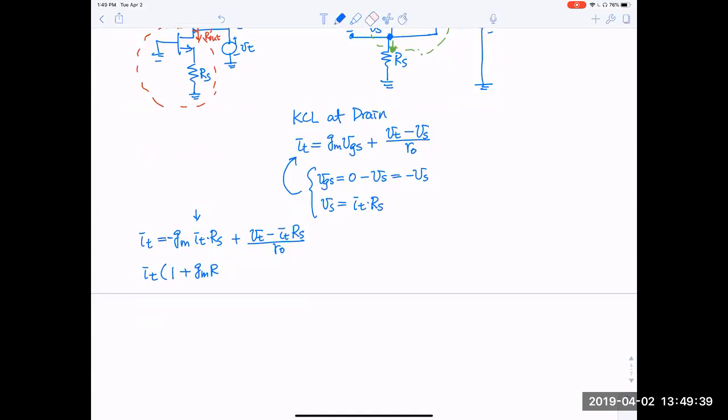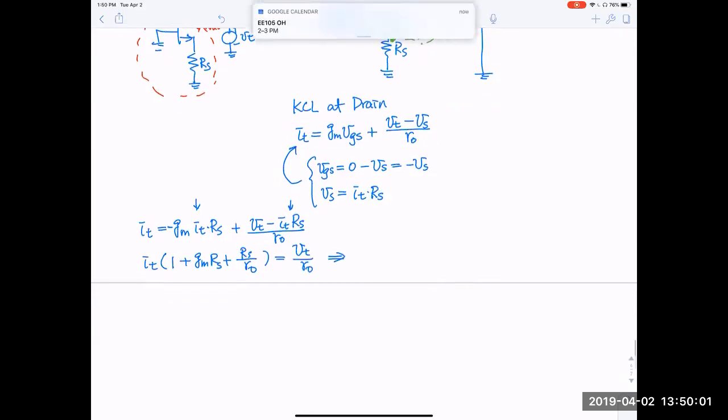So there's one more IT term. This term, we'll move it over to the left-hand side, so plus RS divided by R0. Here is RS also. And this is equal to the only term left on the left-hand side, VT over R0, okay?